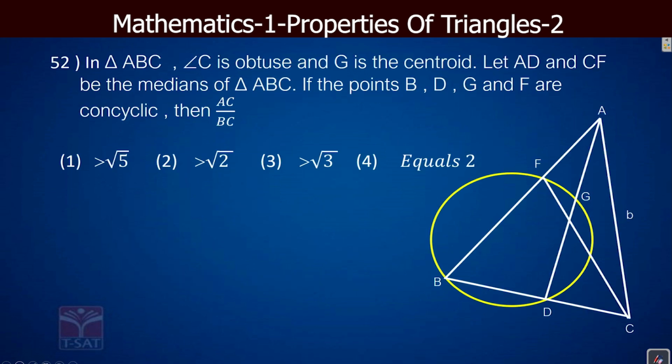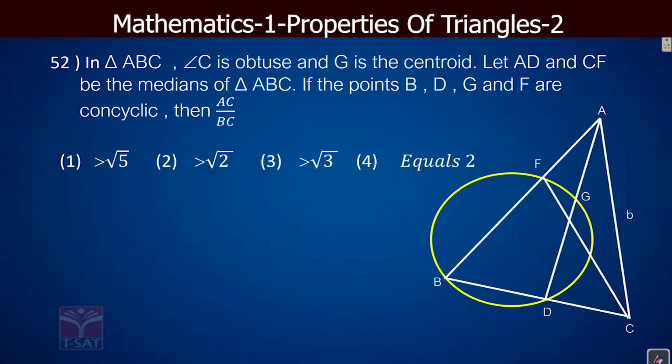Next, 52. This is a good problem. In triangle ABC, angle C is obtuse. Of course, in the diagram it's not like that, but angle C is obtuse and G is the centroid. Let AD and CF be the medians of triangle ABC.